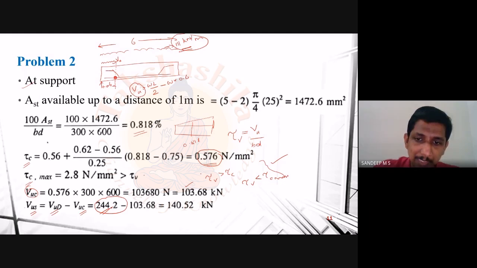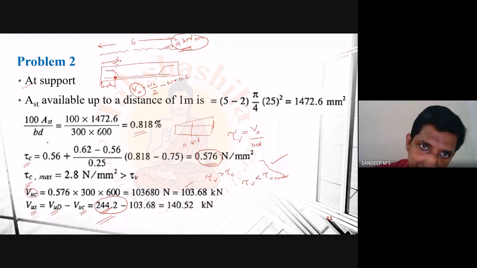And in this particular case, I can see that this is the condition where I need to go with shear design. So basically, in the next step, what is the amount of shear force? I have a total shear force of, as given here, 244.2 to be resisted. Out of this, how much can be taken up by my concrete section? That is what I am interested in.